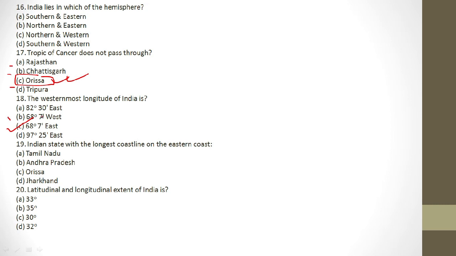For example, we have already seen. Now don't get confused between west and east, students. We have already discussed that this is 0 degree longitude, which lies at Greenwich in London, and India is completely situated to the east of this 0 degree longitude.